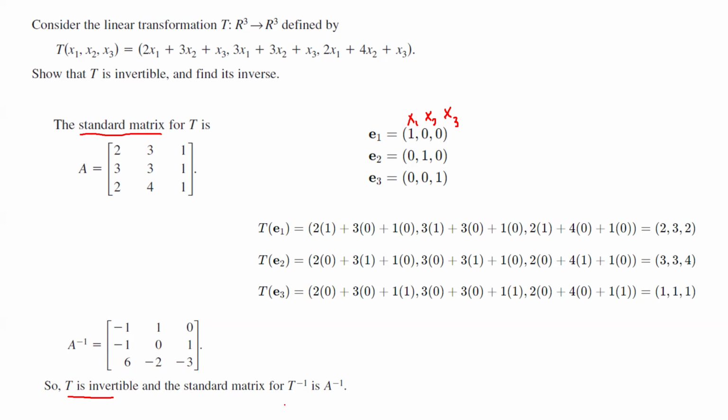Then the standard matrix for the inverse of T is A inverse. But the whole point is how to find a standard matrix for this linear transformation. We need to go back and use the standard basis and convert these vectors using the linear transformation to the columns so you can form this matrix.